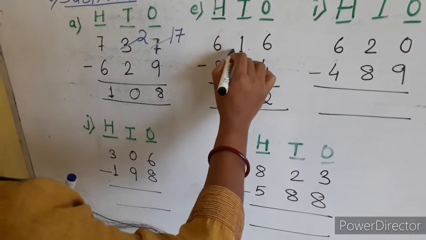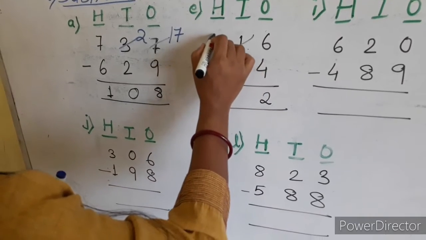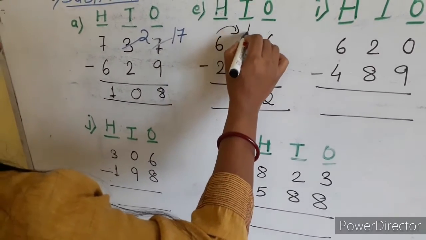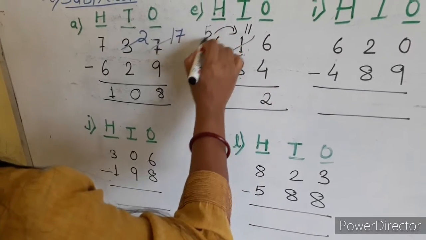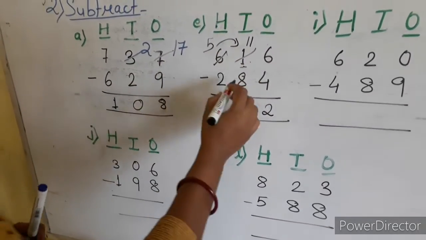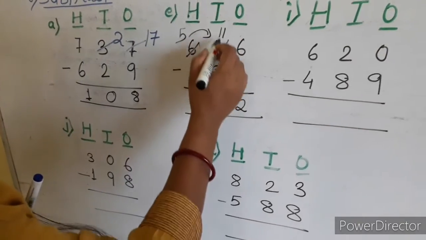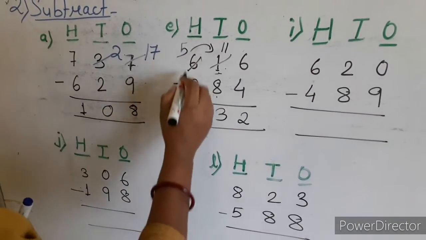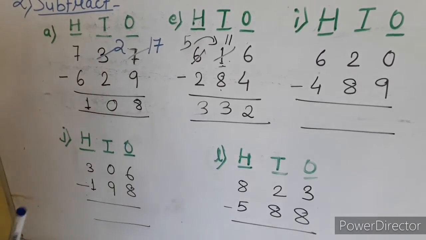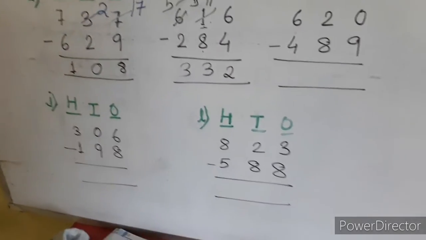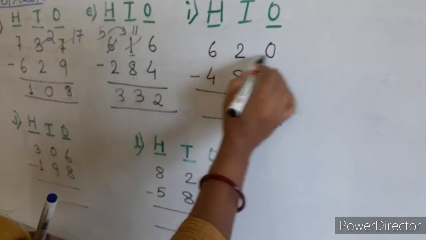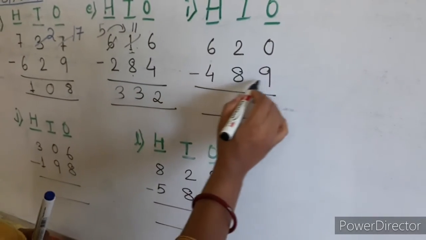So we have to make it a larger number. So we take tens from here. 10 plus 1 means 11, and it will be 5. So 11 minus 8 is 3, and 5 minus 2 is 3. 332 is the answer.